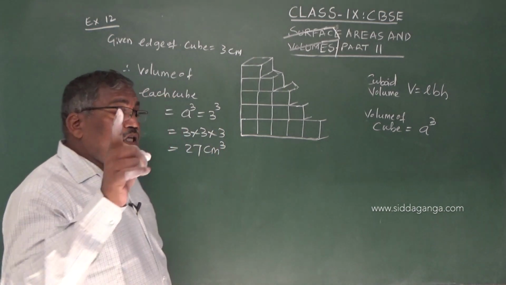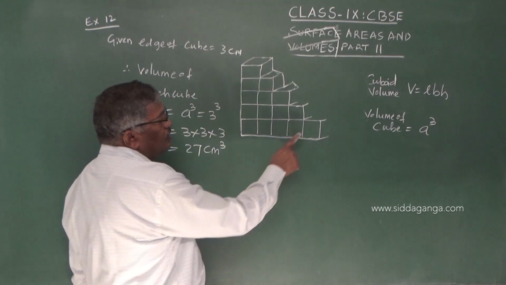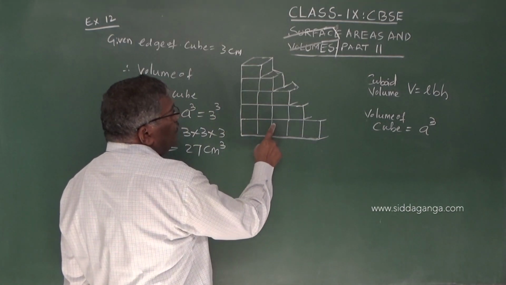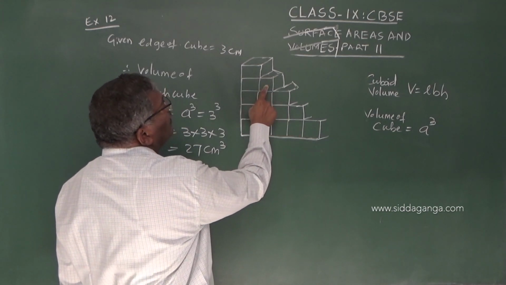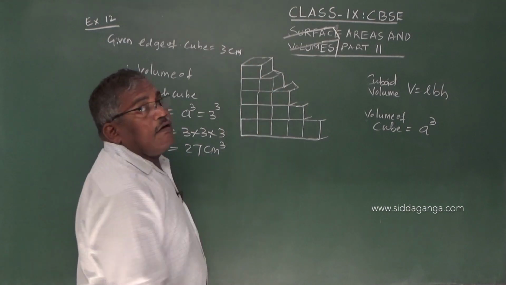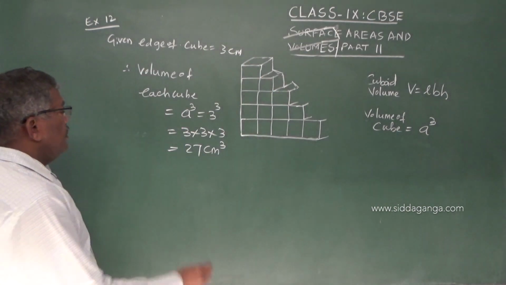And the question is, total volume is how much? You can count these: 1, 2, 3, 4, 5, 6, 7, 8, 9, 10, 11, 12, 13, 14, 15. There are 15 cubes.